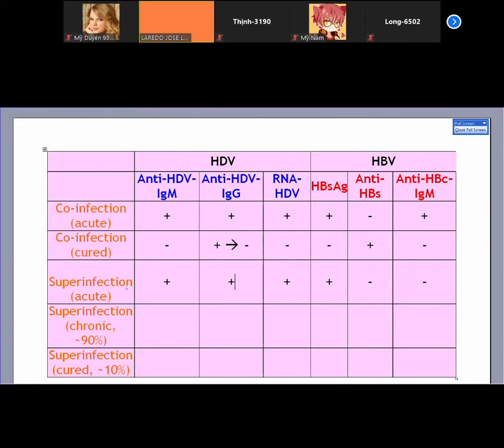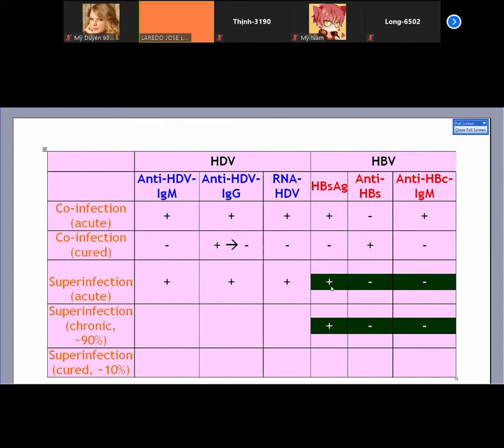What happens to this patient with superinfection? Most of these patients become chronically infected by both viruses, B and D. So what about the markers of hepatitis B virus? No change. The surface antigen positive, antibodies against the surface antigen negative, and IgM against the capsid negative.